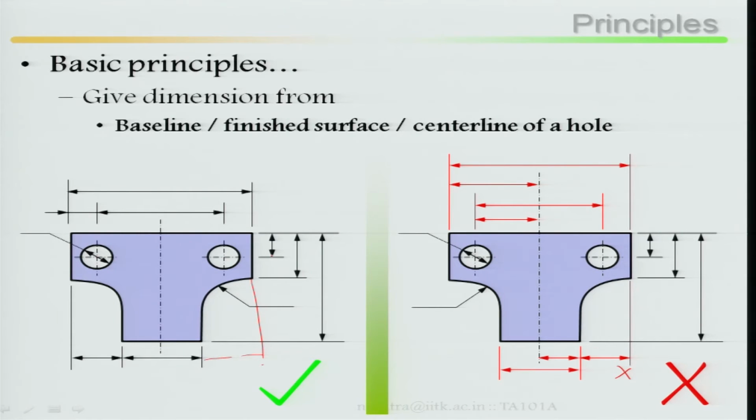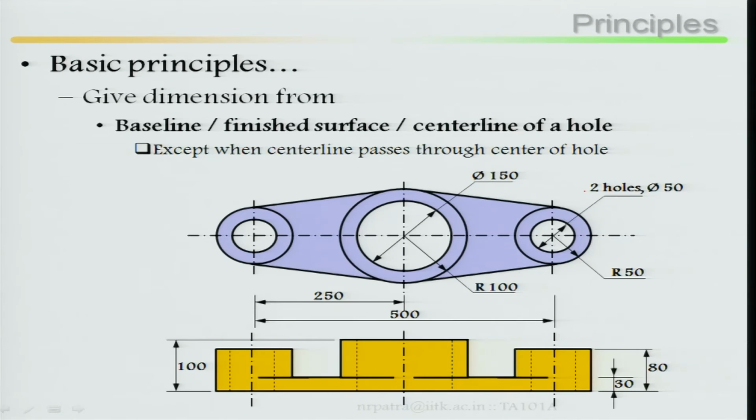I am taking the dimension from the center of a hole to the finish surface, and between the two centers of the holes I am marking the dimension. Here it is wrong.